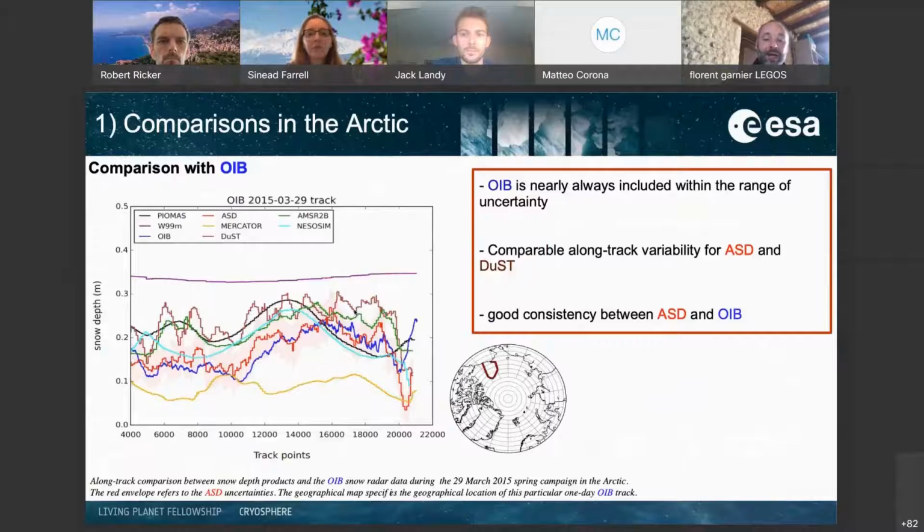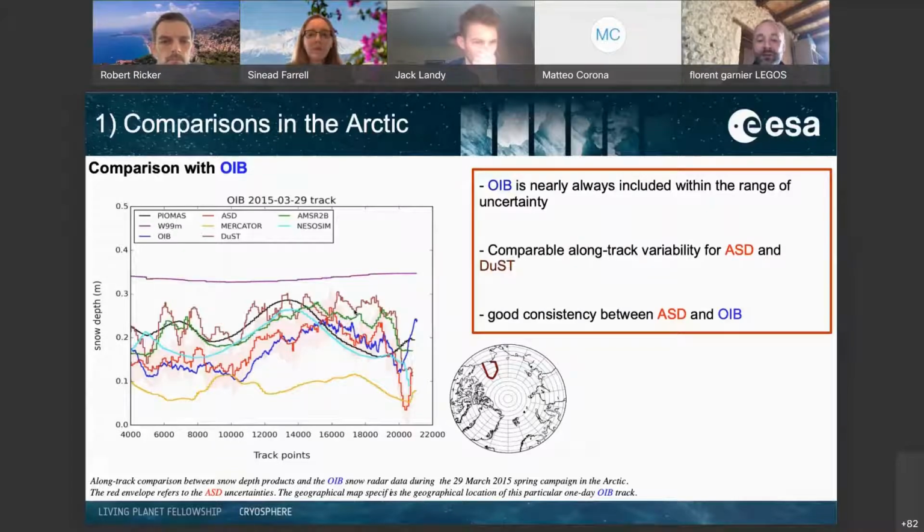We have also compared our data with some validation data. This figure presents a projection of the snow depth monthly gridded map along the OIB campaign of the 29th March of 2015. OIB data are in blue, the ISD data are in red, with its uncertainty in shaded red. In brown, it is dust.